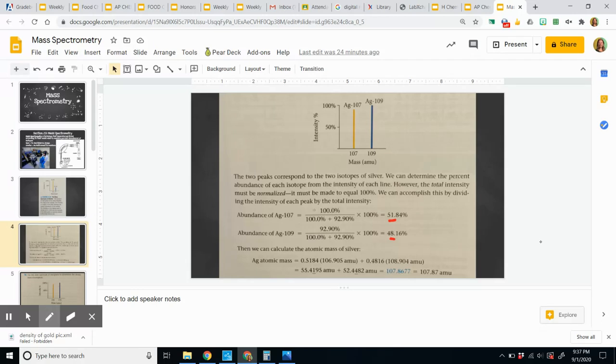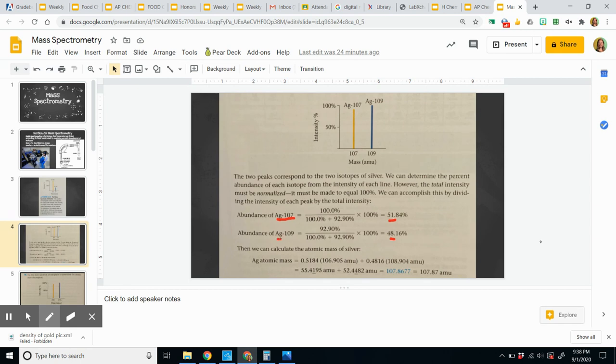So we've taken the part that is 100 over the total, where we add those two together, times 100, and they found it was 51.84% silver 107. And then they took the part, 92.9%, over the total, 192.9 times 100, and they found it was 48.16% silver 109.